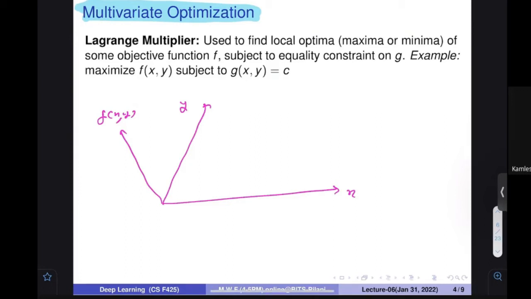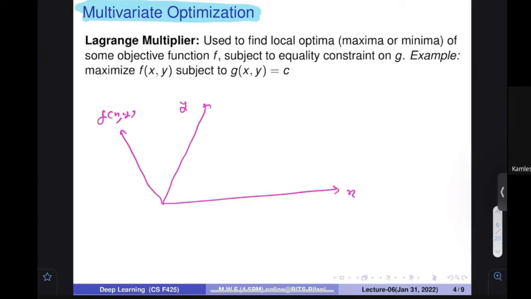Let us just take some example. If I pick some value of x and some value of y, I put that value into the equation and I get some value. That value I would take here, go upward and put a point there. Do you understand what I'm telling?